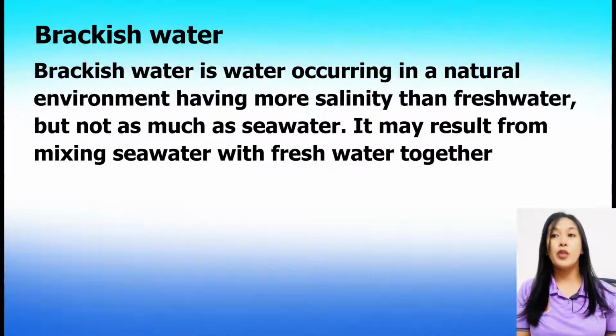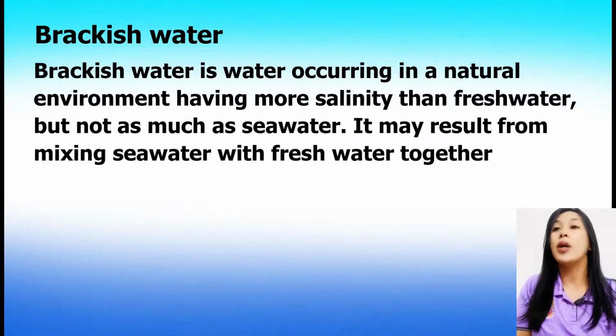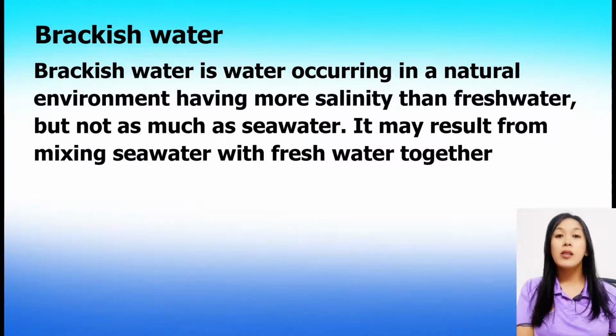So brackish water is water occurring in a natural environment having more salinity than fresh water. So basically it has more salt than fresh water, but less salt than seawater. So it is not as salty as the seawater or the salt water.